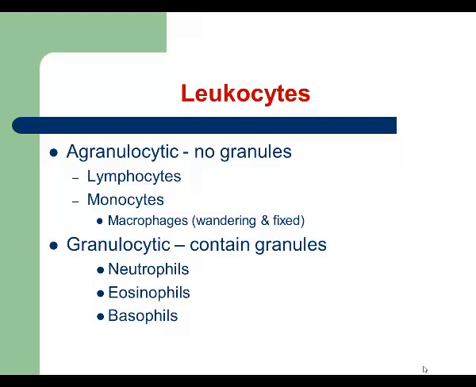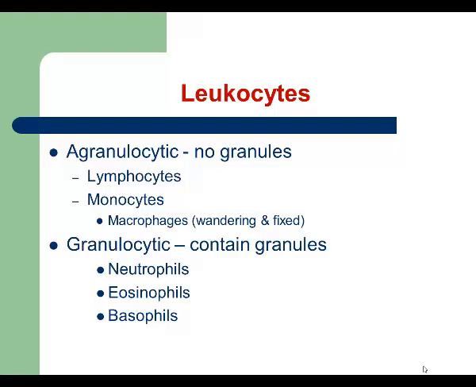Let's talk about agranulocytes. Those are lymphocytes, the smallest white blood cells, and monocytes. By the way, we call them monocytes when they are in the bloodstream, but when they leave the blood and go to the tissue, they become macrophages. Therefore, we can say that monocytes give rise to macrophages.